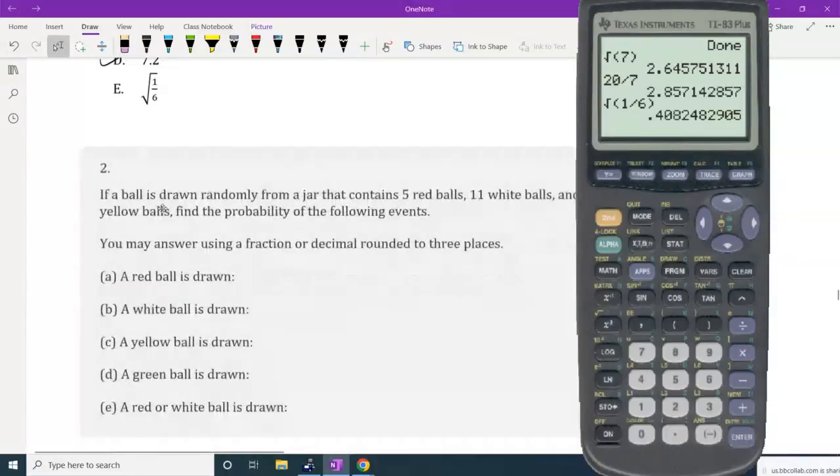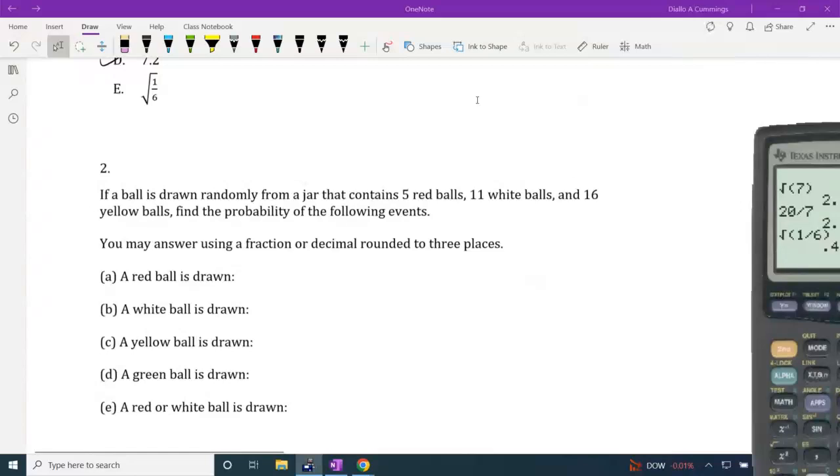All right. Problem number 2 should look somewhat familiar. A ball is drawn randomly, so we're just drawing one ball out of a jar that contains 5 red balls, 11 white balls, and 16 yellow balls. Find the probability of each one of the events.